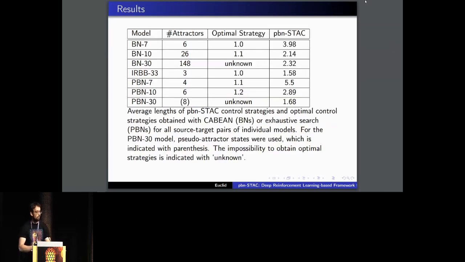And then the control of the network. This table shows how many steps we need to take between the source attractor and the target attractor. We can see that for small networks, we were close to the optimal strategy, but didn't quite reach this level.